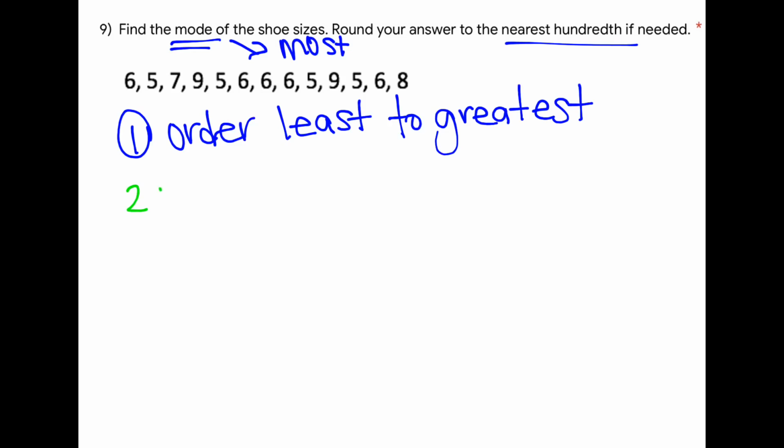Step 2 is we are finding the most common value, the one that is used the most.